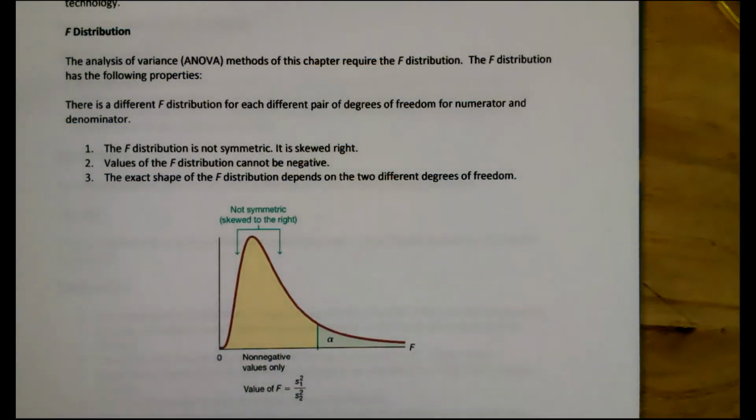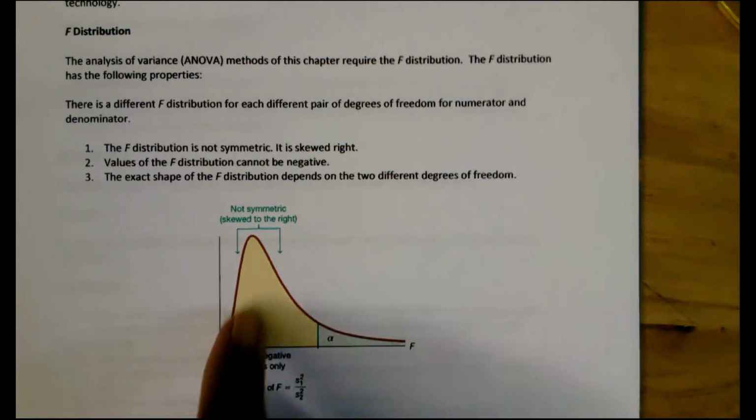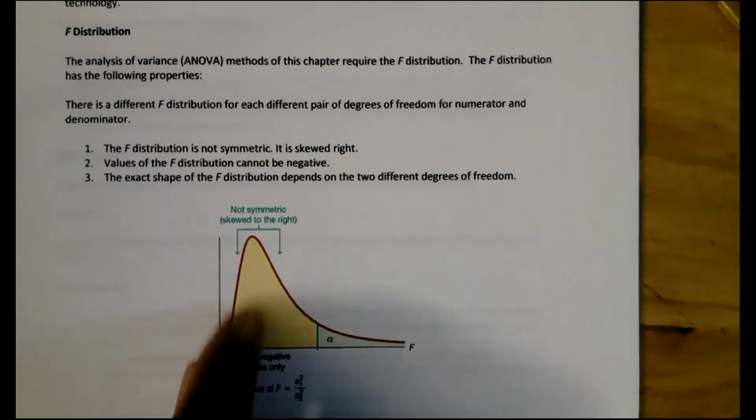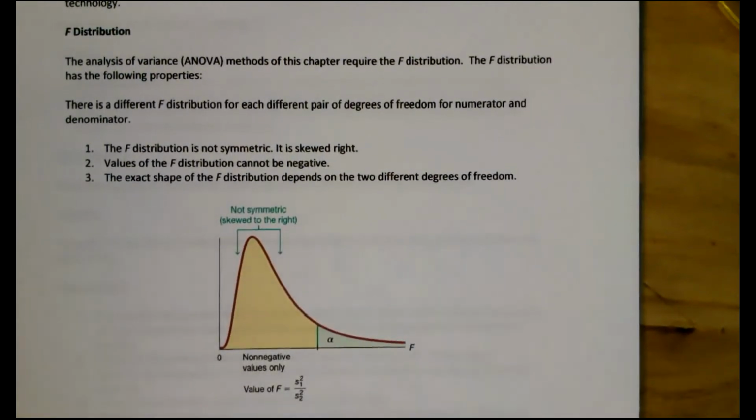And the properties here are this. Number one, the F distribution is not symmetric. It is skewed to the right, as you can see in this graph. That is the F distribution. You can see it's not symmetric like the normal distribution and also the t distribution.